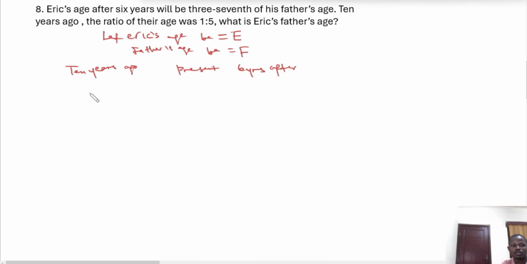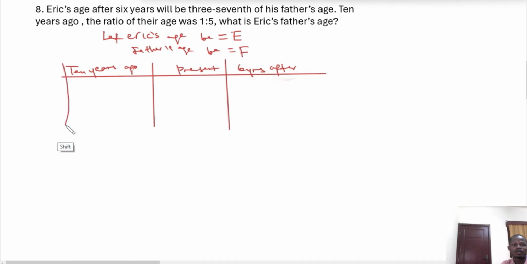So let's draw a line. This is our line. Let's separate this by doing a vertical line, and separate this again. So we've drawn these lines.